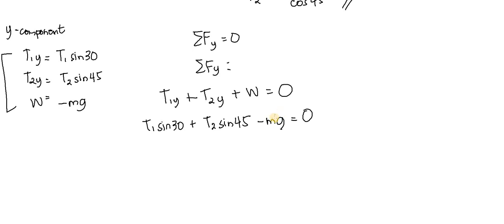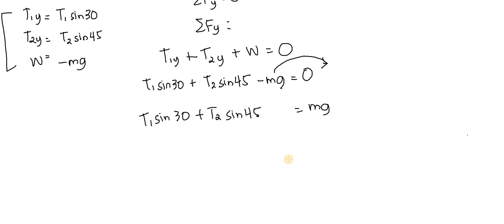For us to have the value here, we can move this, so this will be positive mg. So we have now t1 sine of 30 plus t2 sine of 45 equals mg. For us to solve this, we need only one variable.